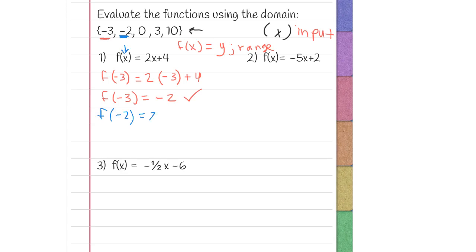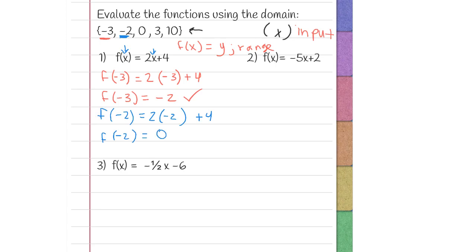So now 2 parentheses, everywhere you see an x, I'm not going to plug in this x anymore. I'm going to plug in that -2. -2 plus 4. So now I have f of -2. What is 2 times -2? Well, that is -4. And what's -4 plus 4? Well, that's just 0. All right.